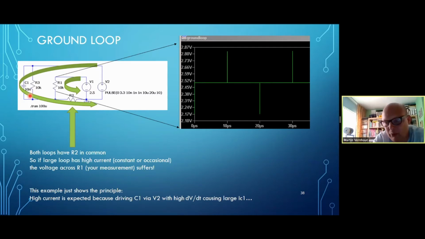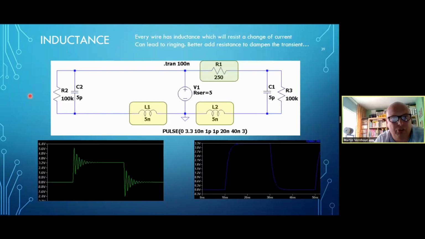So something which is changing fast in number of volts per time unit. So high dV/dt causes large currents, and if those large currents go to a common resistor, that voltage drop across R2 in this case will actually be picked up by your measurement system. So avoid ground loops, and there is a lot of documentation out there on how to prevent ground loops.